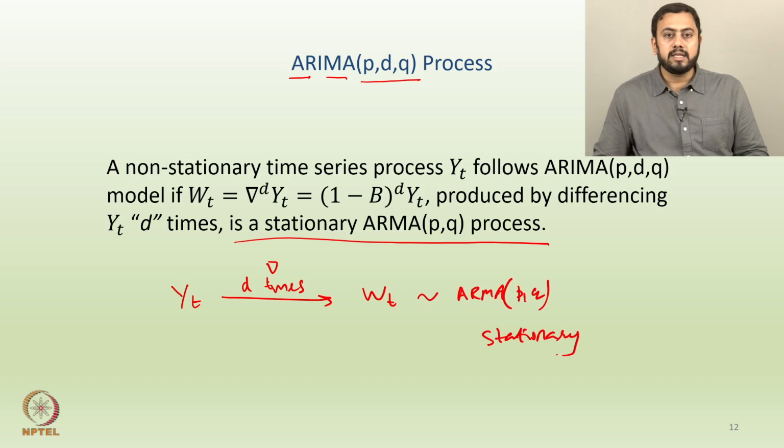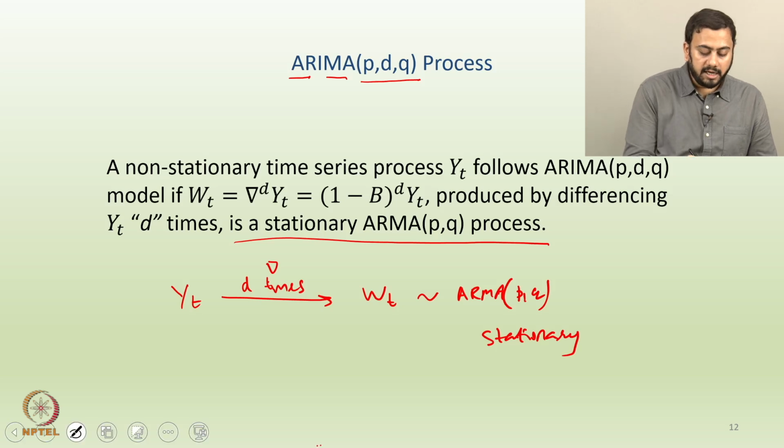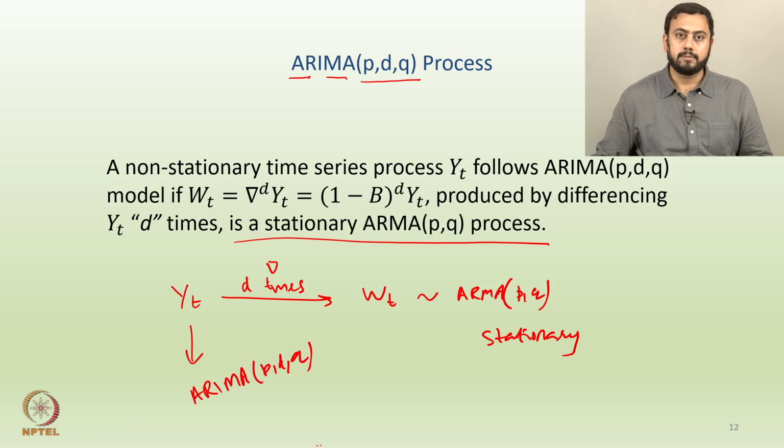So, essentially, if you difference the process d times to get a stationary ARMA process of orders p, q, then the initial yt has to be modeled using an ARIMA p, d, q process.